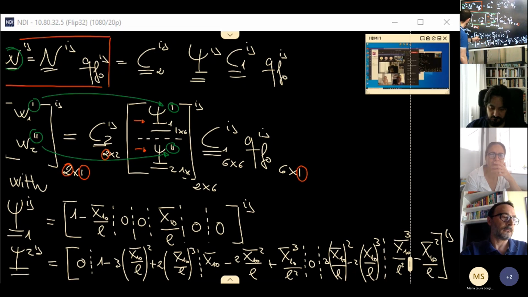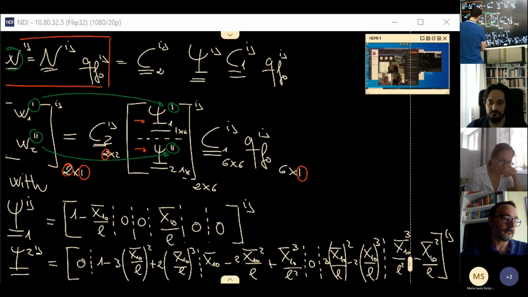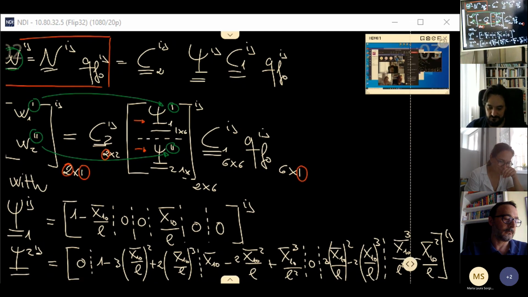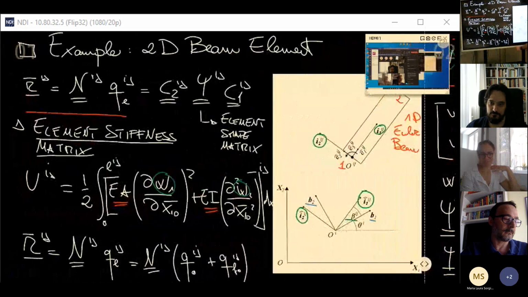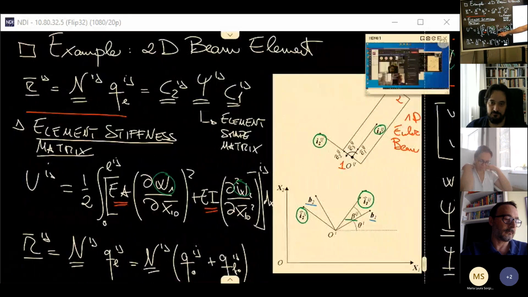This time, as you may have noticed, I didn't use the xi notation for the rows, but I explicitly wrote the dependence on the x coordinate, because I wanted to underline that in this expression of the elastic potential, we had a derivative with respect to x.